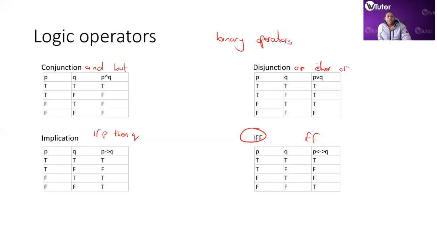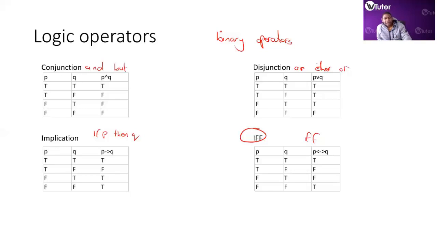The conjunction takes in 2 inputs. Its output will only be true if both inputs are true.